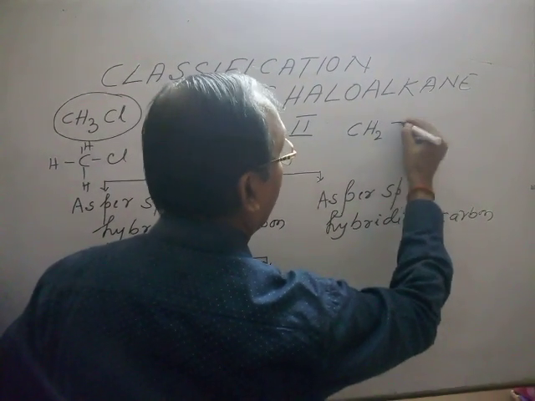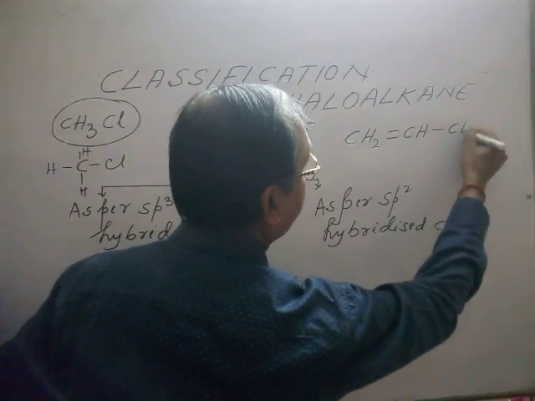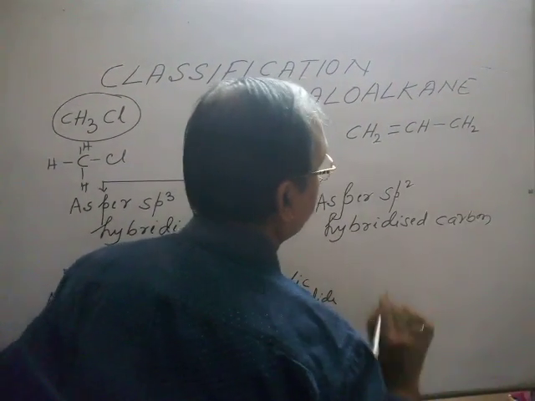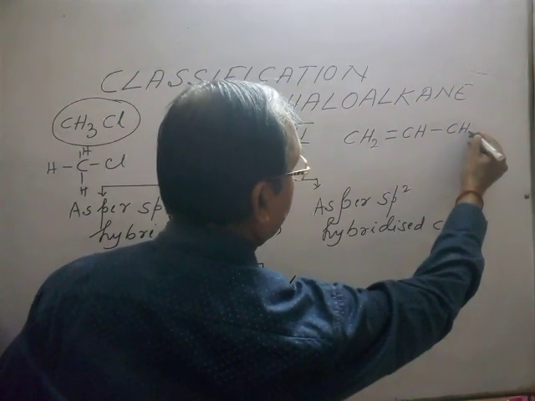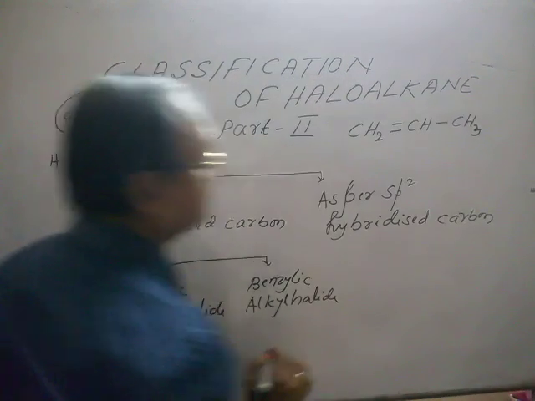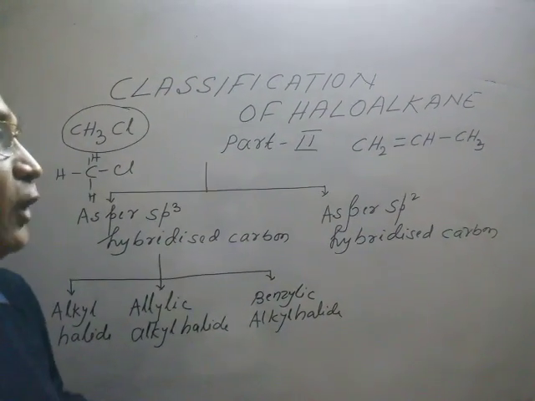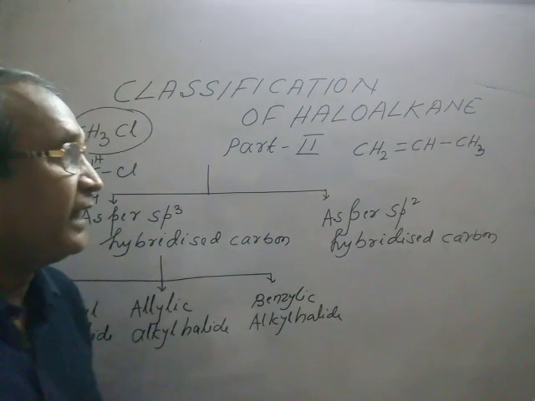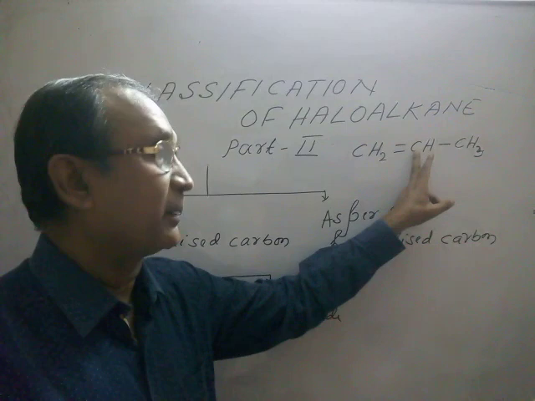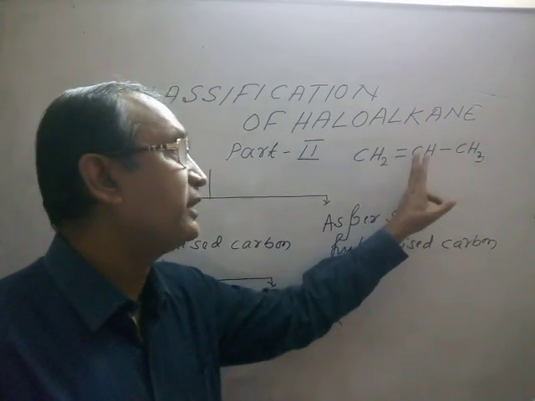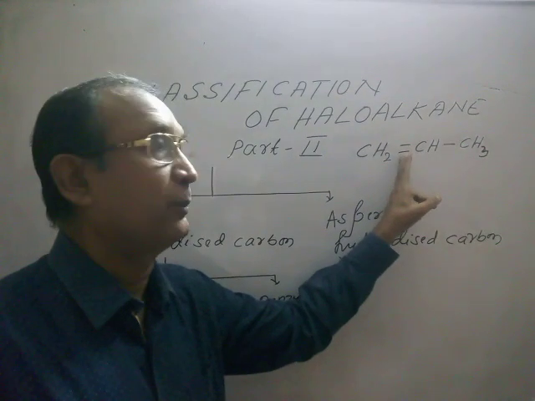CH2 double bond CH single bond CH3. Here this carbon joins with this carbon, and this carbon joins with another carbon by a double bond.